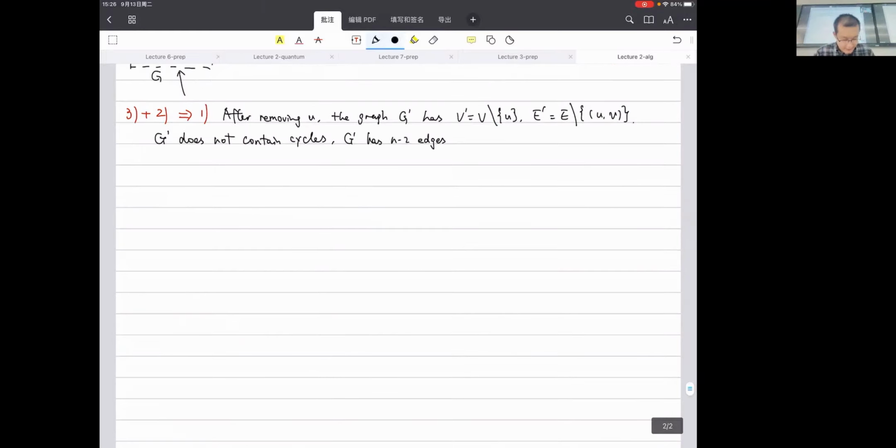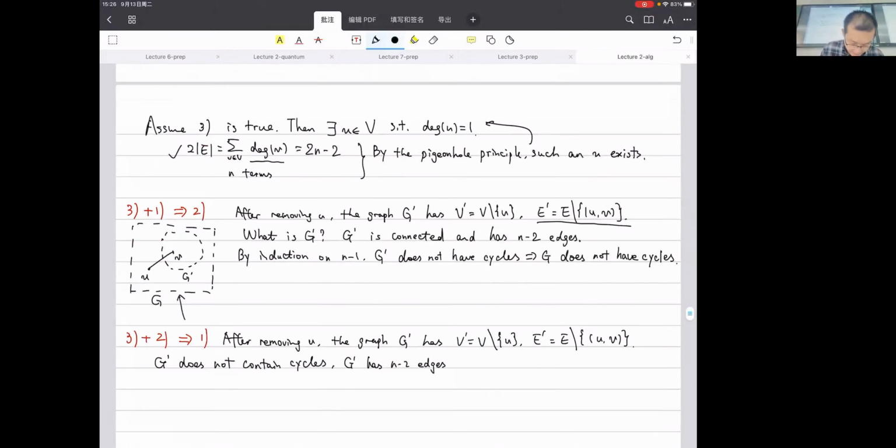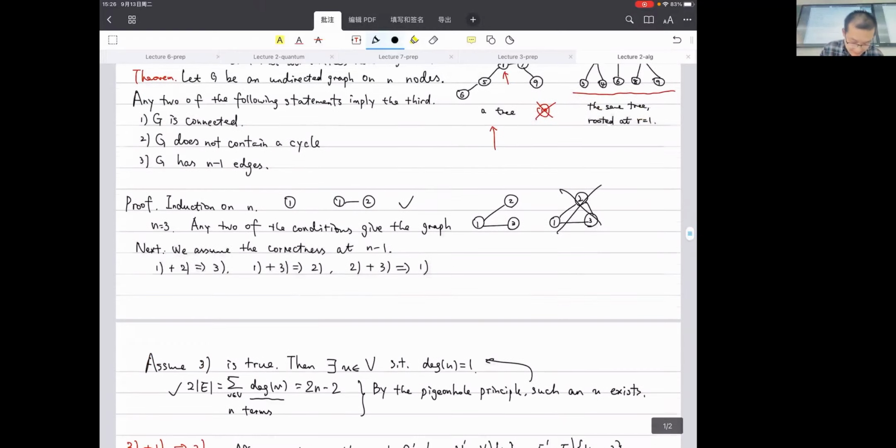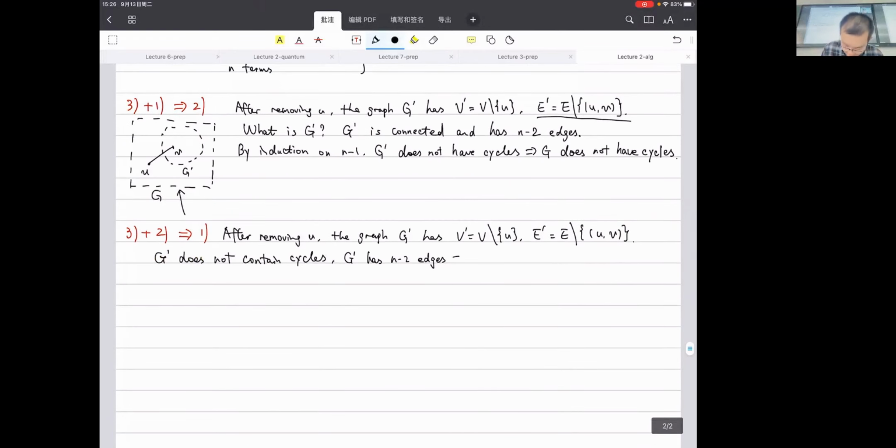So let's continue with the discussion that 3 plus 2 implies 1 here. G prime does not contain cycles, and G prime has n-2 edges. So we can use the assumption from the induction that G prime is connected. But here you're adding another edge.